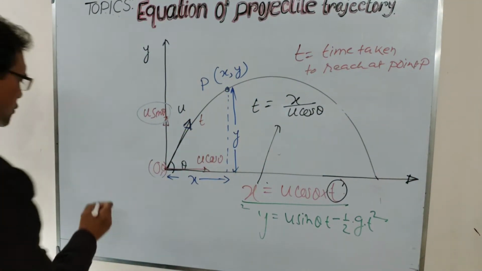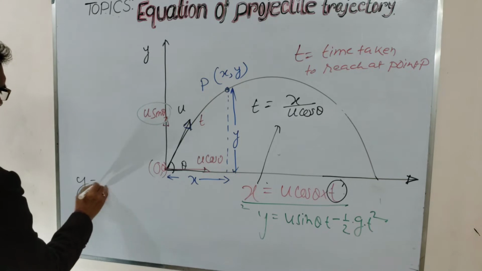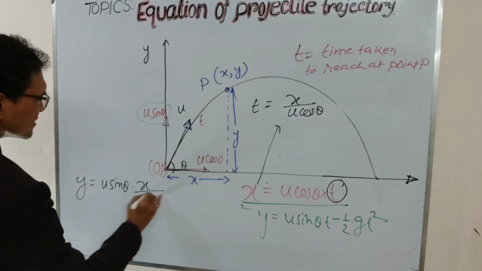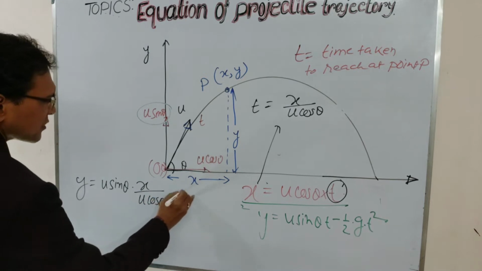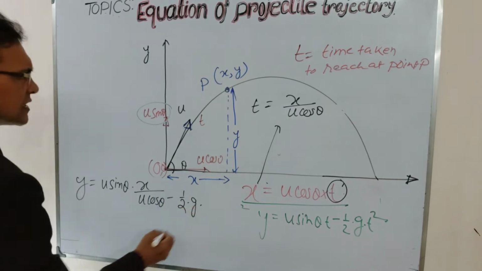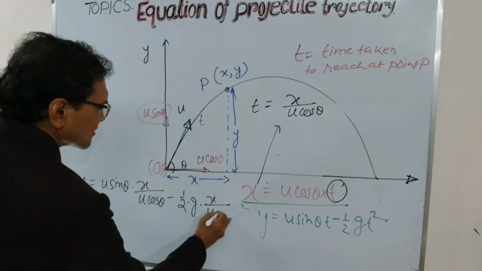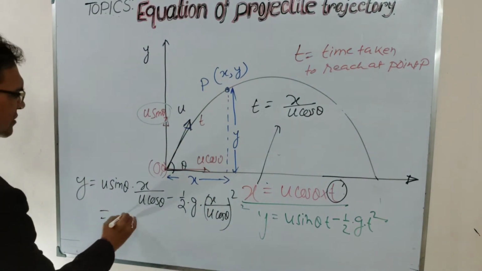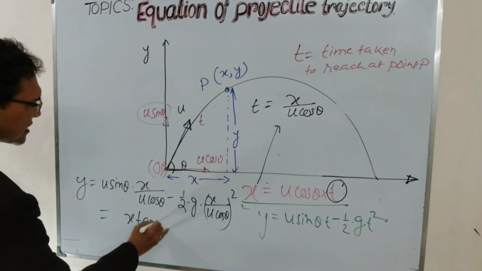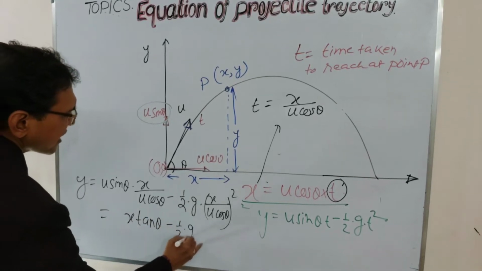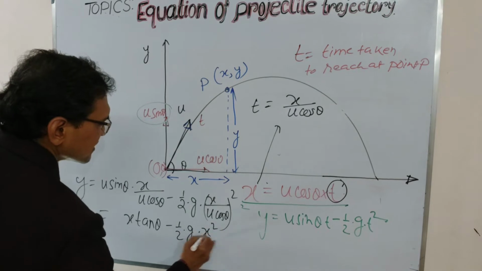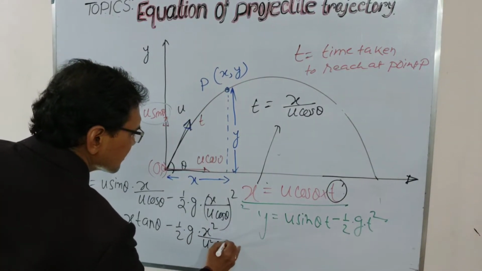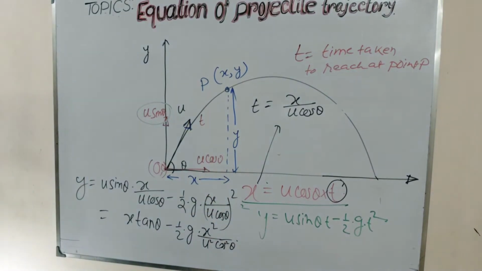We get y equal to u sin theta into t, which equals x tan theta minus half g x square by u square cos square theta.